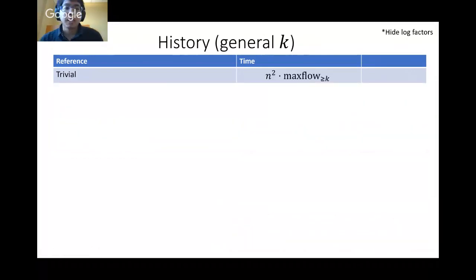Okay, but we can ask, what do we know about the problem when K is large? For general K, this can be solved trivially just by running MaxFlow n squared times.